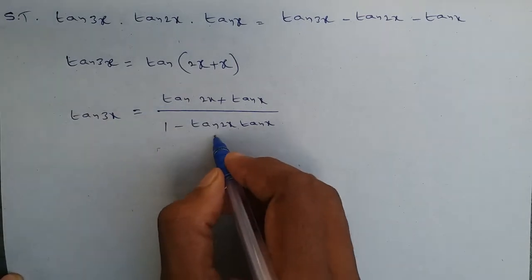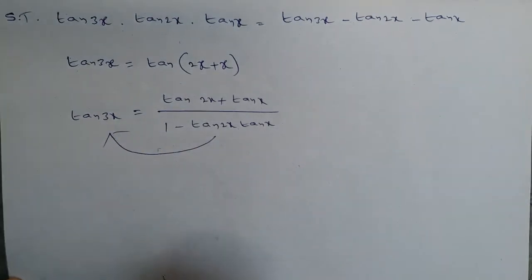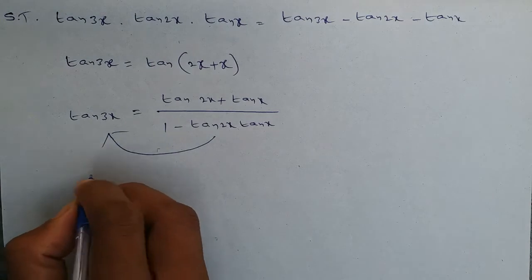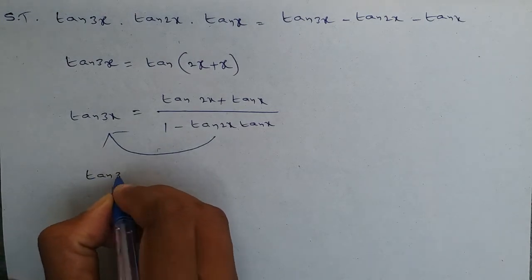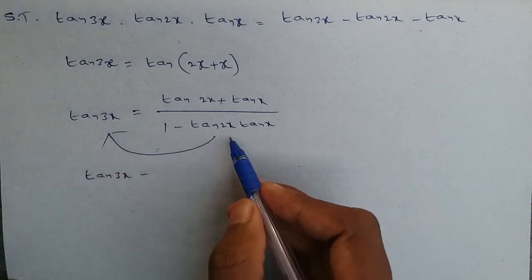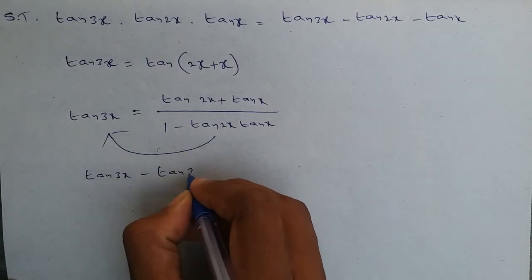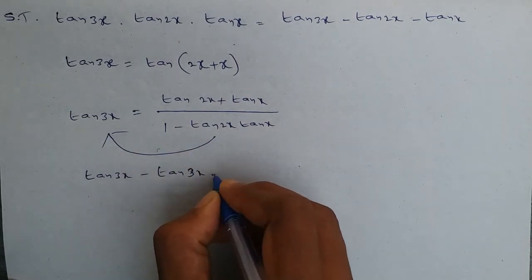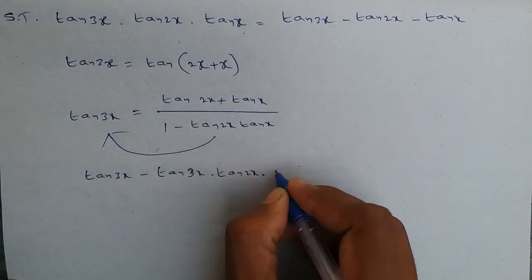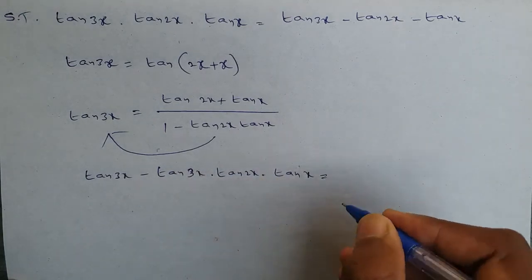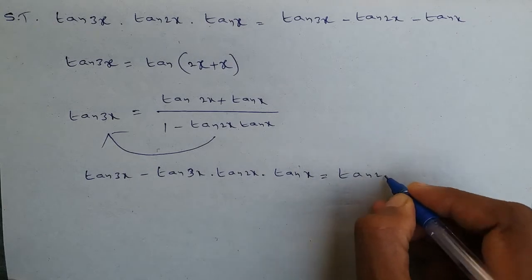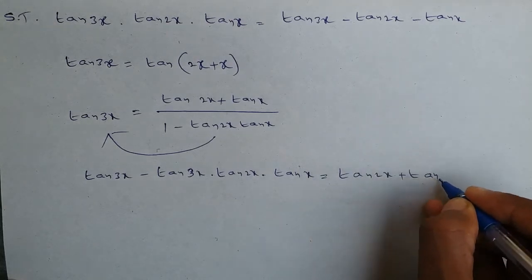Now this whole denominator I will take to the left side. 1 into tan 3x minus tan 2x tan x tan 3x. We will get tan 3x into tan 2x into tan x is equal to tan 2x plus tan x.